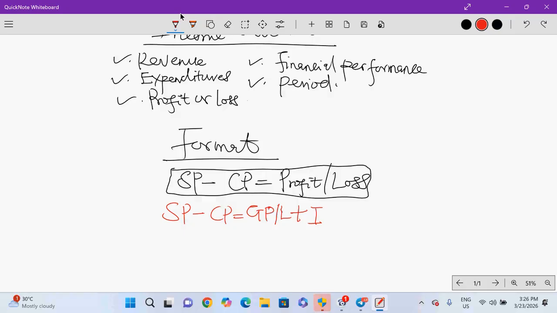And then now what we do is that we are going to deduct the expenses. Any operating expenses would have to be deducted, right?